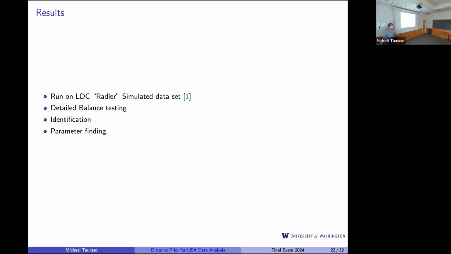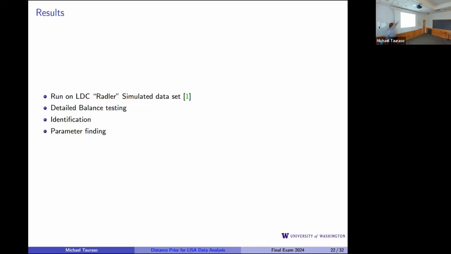Detailed balance testing is when you set the likelihood in your MCMC to 1, because you're trying to take your data out of the equation and figure out whether the proposals you've introduced are biasing you at all. So the expectation when you do detailed balance testing is that you're going to get back your prior, because your posterior is basically likelihood times prior, and you set your likelihood to 1. So you should be getting back your prior or something very close to it.